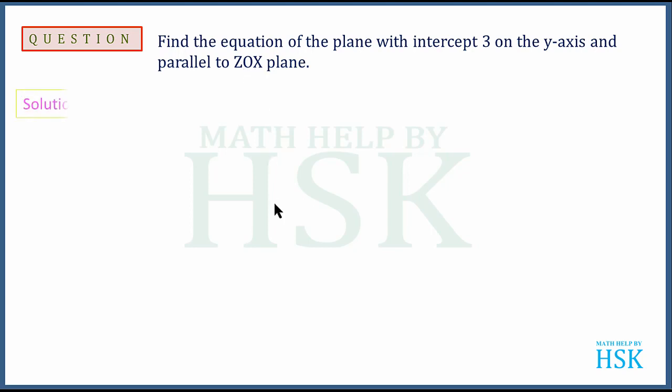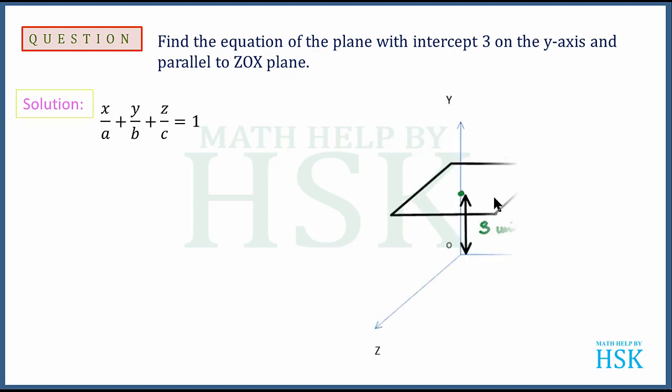To solve this question, first of all we are going to use the equation of the plane in intercept form: x upon A plus y upon B plus z upon C is equal to 1. Now this question is a bit conceptual. First of all, I can imagine a plane which is at a distance 3 units from the origin, that is, it intersects the y-axis at a distance 3 units from the origin.